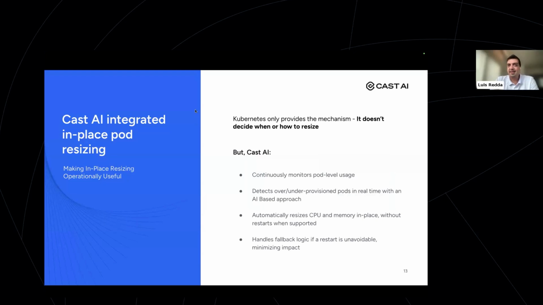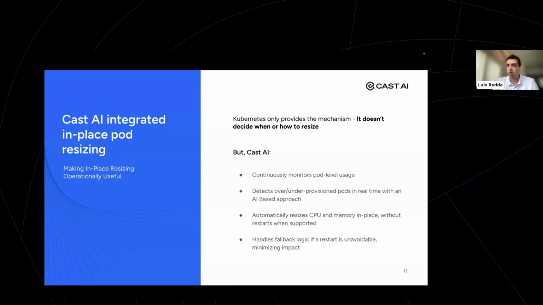Yes, Kubernetes gives you just the engine, and here CastAI adds all the intelligence and the driver with our workload autoscaler. You can define some scaling policies to apply to your workloads, defining some constraints or some information on how you want CastAI to behave.